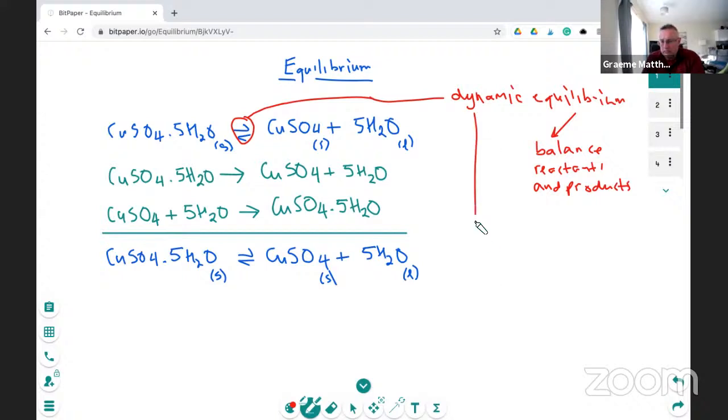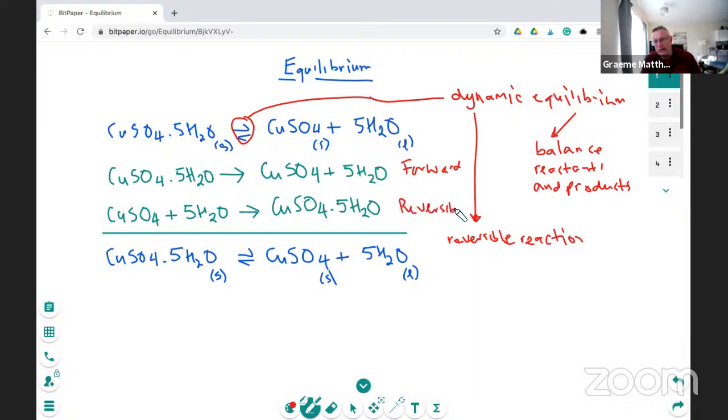Dynamic equilibrium, well, dynamic means that it's a reversible reaction like this. My pen is not behaving itself today as much as I wanted it to, but it's okay. All right, it's a reversible reaction between the forward reaction and the reverse reaction, backwards.